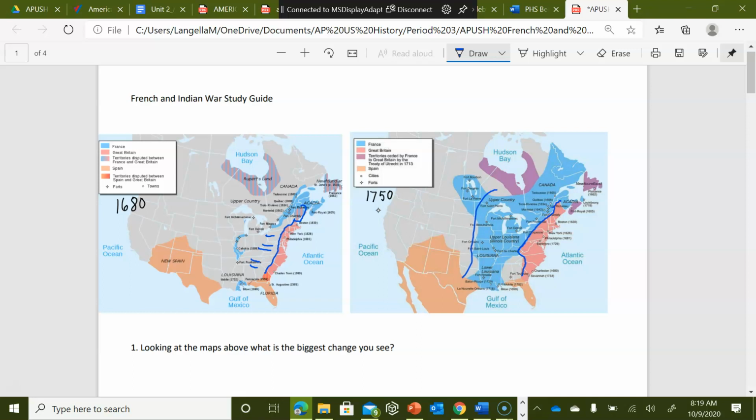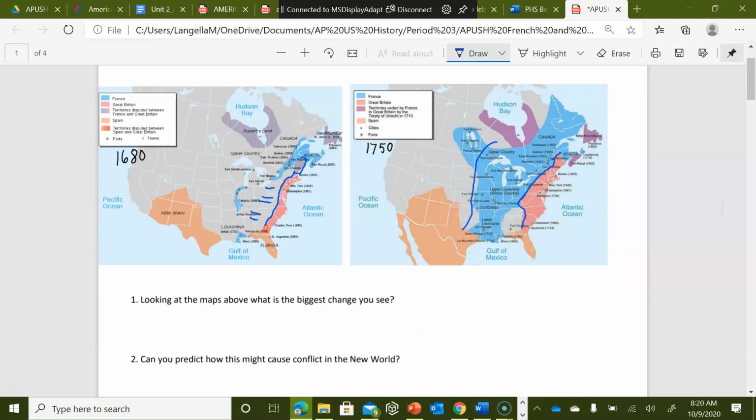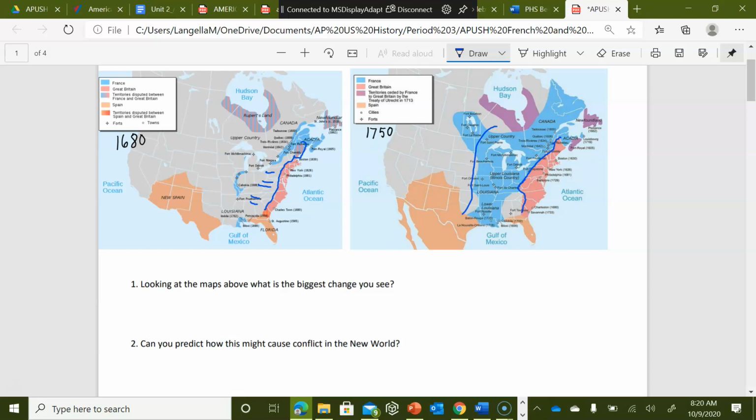The Spanish have the lower southeast, southwest section, and Latin America and South America, but the French are dominating the North, the general United States region, and even Canada as well. Anything else you would add?